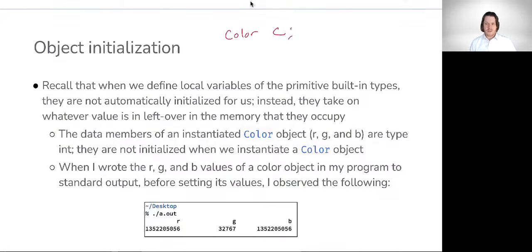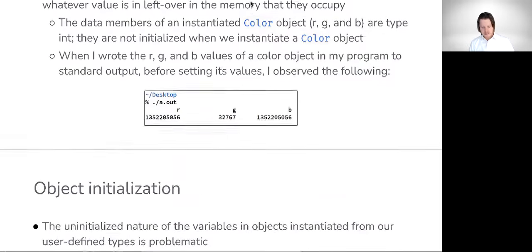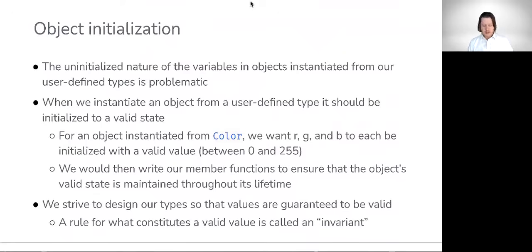This could be 0, it could be 255, it could be Aggie Maroon. It's something, but the idea would be that from the point of construction, those values would be within the range of 0 through 255 inclusive. And then all members of the public interface would also respect that invariance such that we would always have a valid color object. So the uninitialized nature of variables and objects instantiated from our user-defined types is obviously problematic.